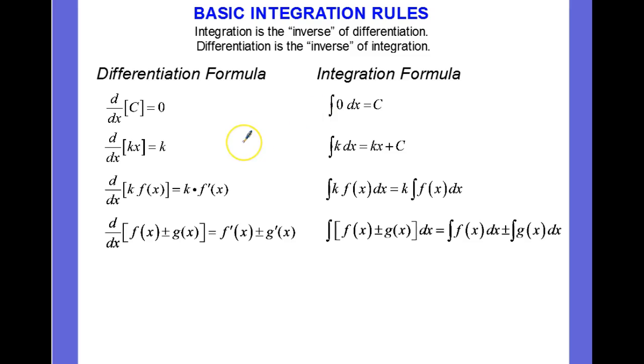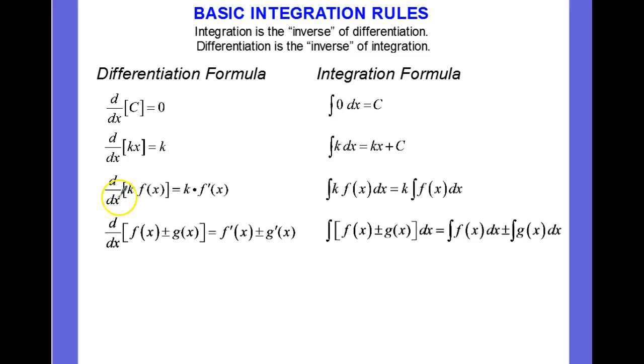The derivative of a constant is 0, and so that means that the integral of 0 is equal to a constant. The derivative of a constant times x is equal to the constant, and so the integral of a constant is equal to the constant times x plus c.